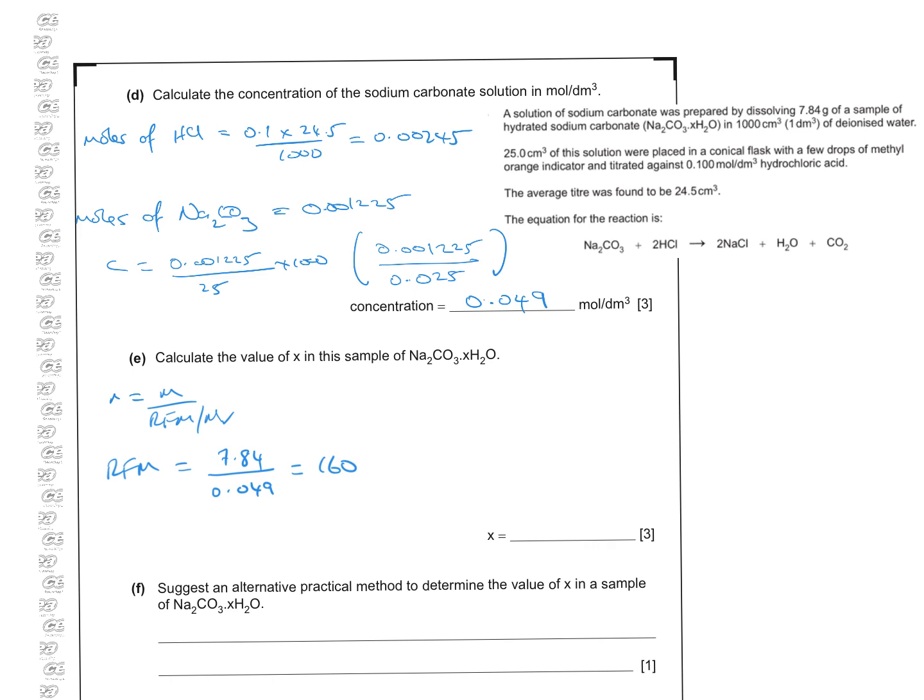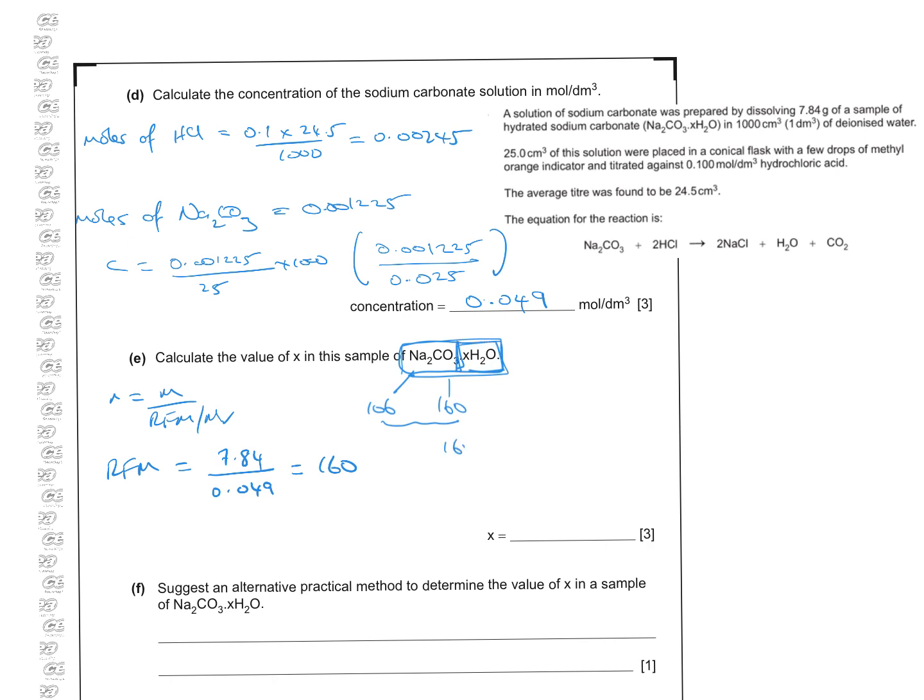Anyway, so we now know that this whole thing has a mass of 160. Now you can work out the mass of this. The Na2CO3 has a mass of 106. So that means that the difference between these two must be due to the X water.